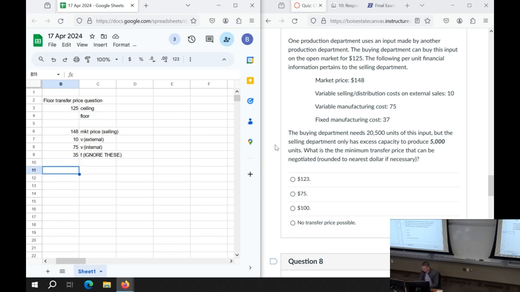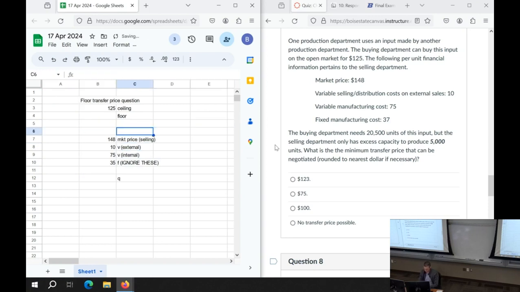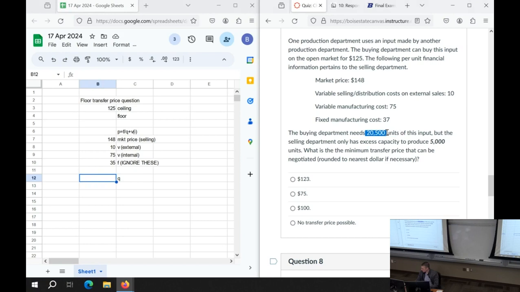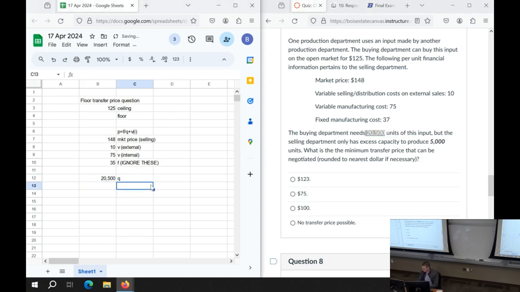Now Q in our equation here. Let's add a row here. We want P equals F over Q plus V, and we're specifically saying internal V, this V right here. And Q, 20,500. That's how much the buying department wants to order from us.